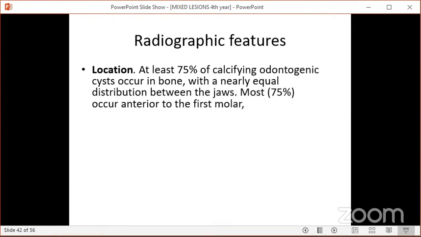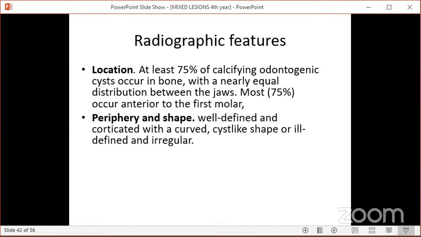So for the location, at least 75% of them will occur in bone, with nearly equal distribution between the upper and the lower jaw, and mostly they will occur anterior to the first molar. The periphery is well defined and corticated with a curved and cystic-like shape, or ill-defined.